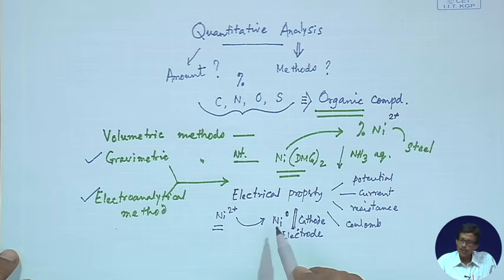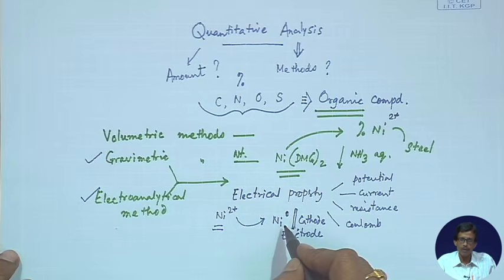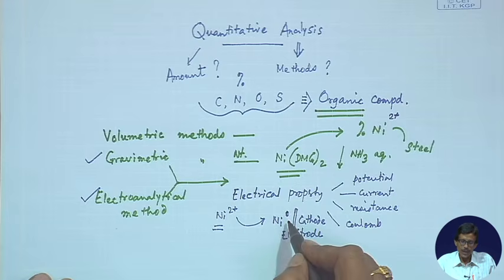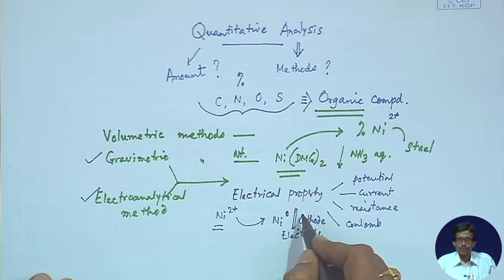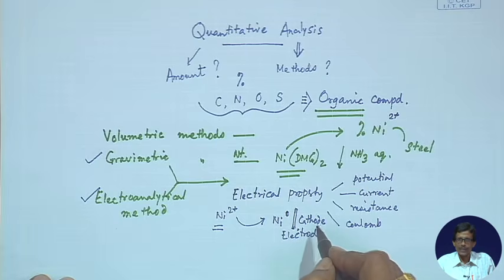But ultimately, if we focus our attention on the reduction of nickel 2 plus to nickel 0, what we see is that this nickel 0 is deposited on this electrode, that means the cathode is gaining weight. So, before deposition and after deposition there will be a change in the weight of this cathode material.